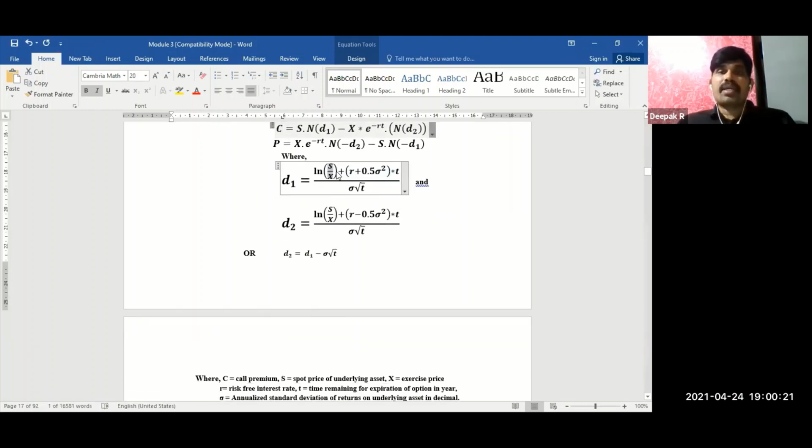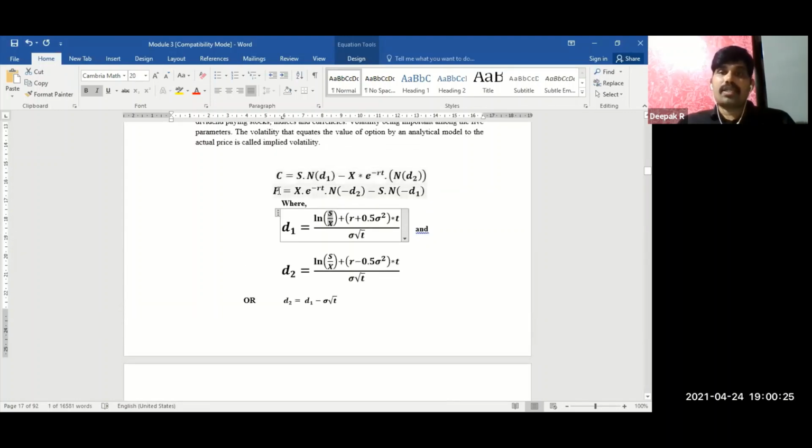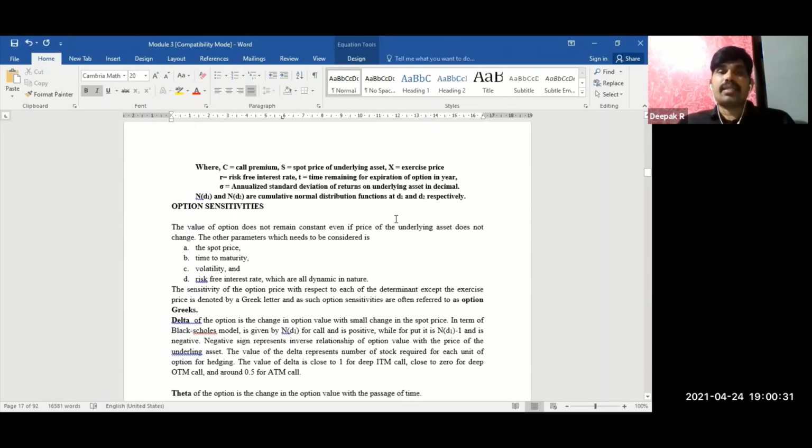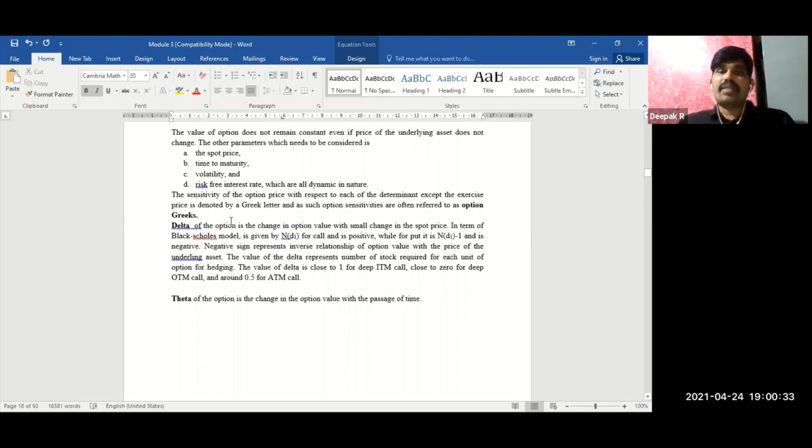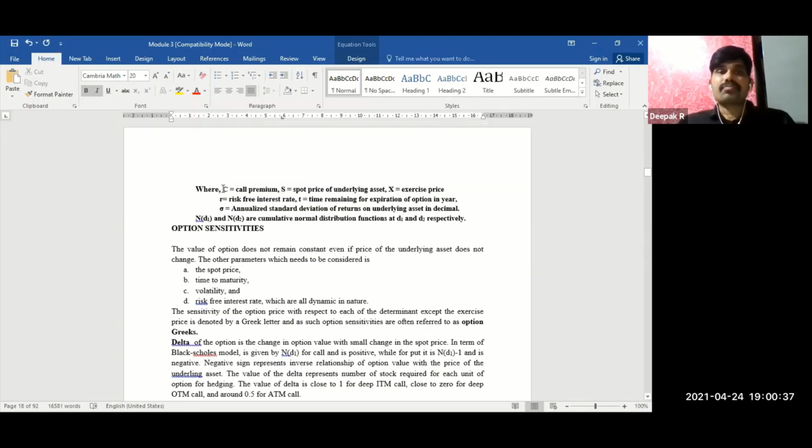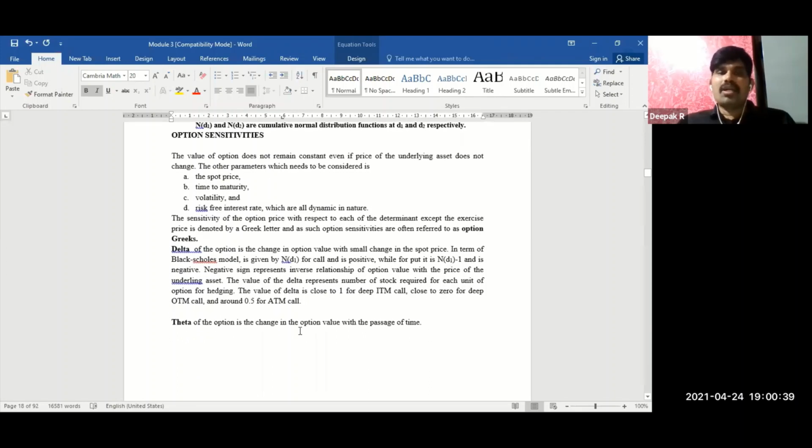The sensitiveness of the call options as well as put options to spot price, standard deviation, variance and time period is always reflected by some key terms. This is always referred to as the option Greeks.